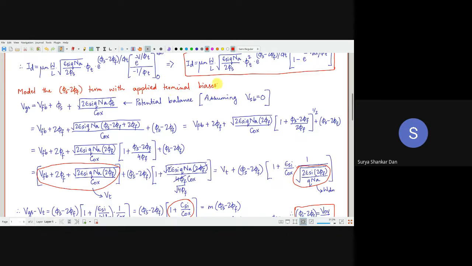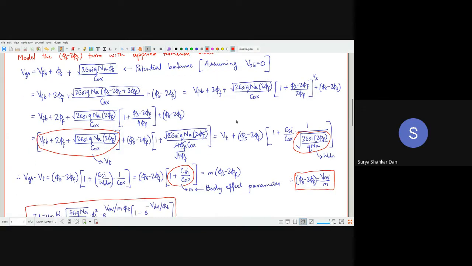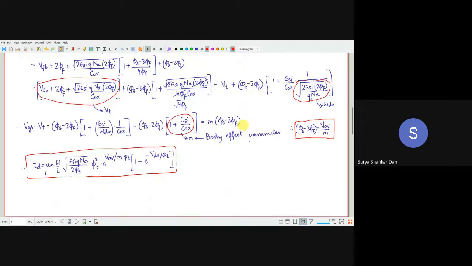In this case, of course, VGS or VOB. So this is one trick which we have done. I will exclude that for this course. Finally, this equation becomes like this. This is the final expression. So now you have got a very brief idea about how ID varies with VOV or VDS. This is the term which you need to get concerned about.